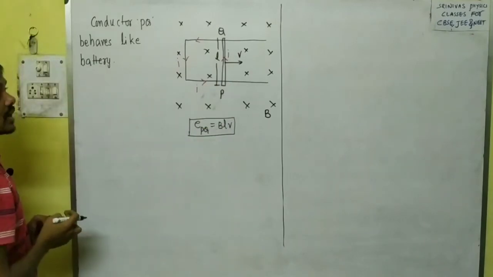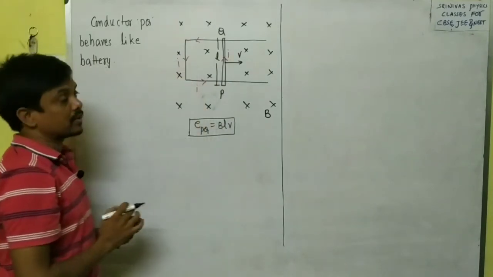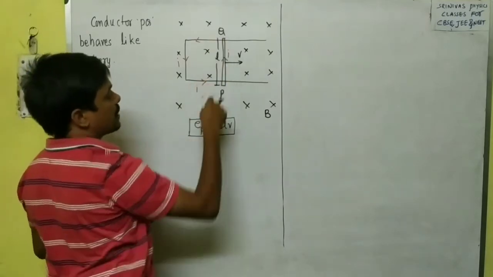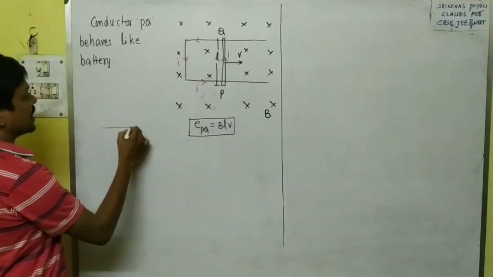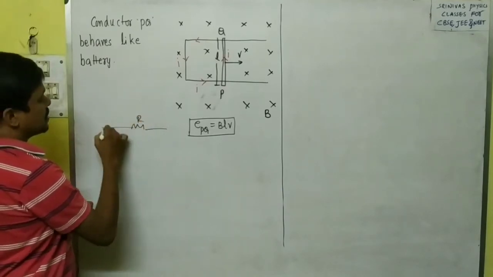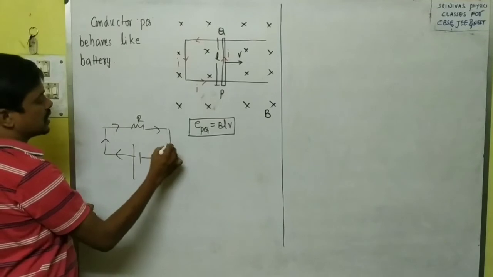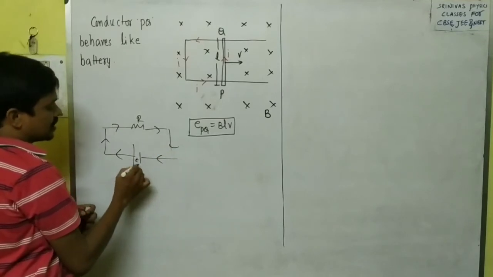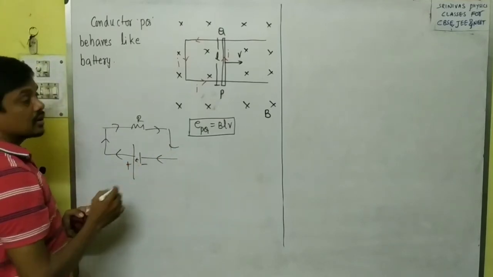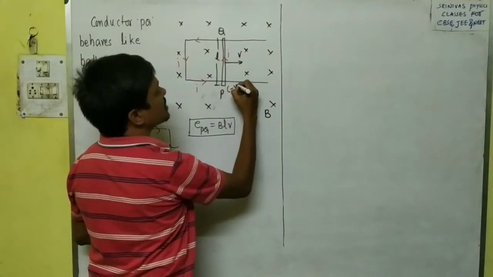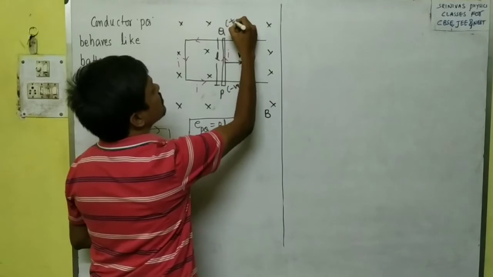When it behaves like a battery, it should have positive and negative terminals. Outside the battery, current flows from positive to negative, but inside the cell it goes from negative to positive. Here current is flowing from here to here, which means this will act as negative potential and this will act as positive potential.